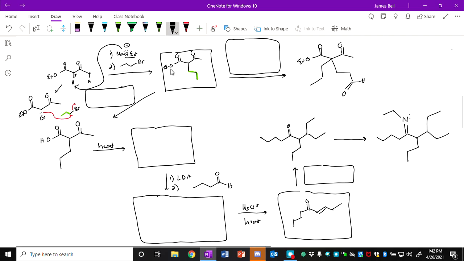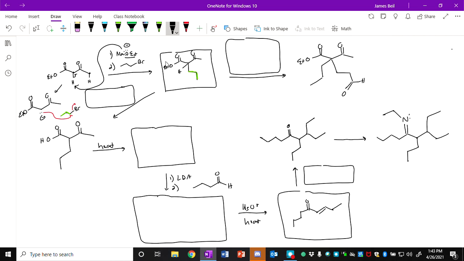All right, so maybe we'll finish off this top sequence here. So how do I convert this into this? Well, now I can see I want to add 3 more carbons again, but I want this aldehyde at the end. Right now there's a proton here. The rest of the structure is not changing.